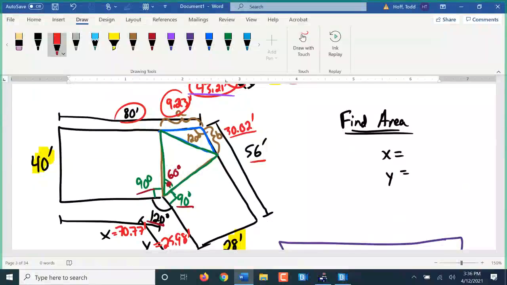And now we can find those areas. Got x and y: 70.77 for x and 25.98 for y. We can find the area.